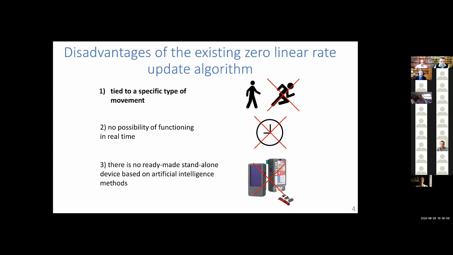The disadvantage of this existing approach lies in the problem that this method is tied to a specific type of movement. For example, the parameters obtained for walking people are not appropriate for tracking running people or people climbing stairs.